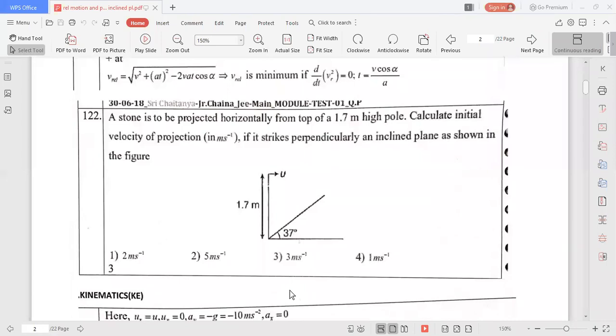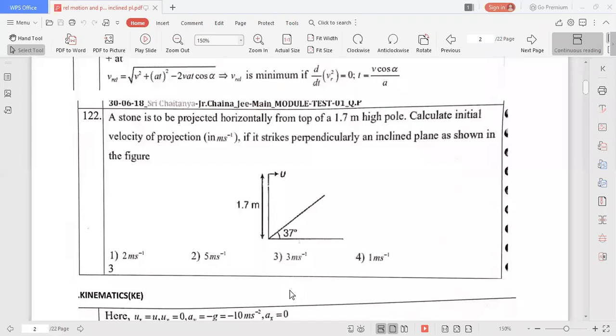Problem number 122. Here there is an inclined plane of inclination alpha equal to 37 degrees. Here there is a tall pole having height h equal to 1.7 meter. From the top of the pole, a stone is projected horizontally with some velocity, say u.